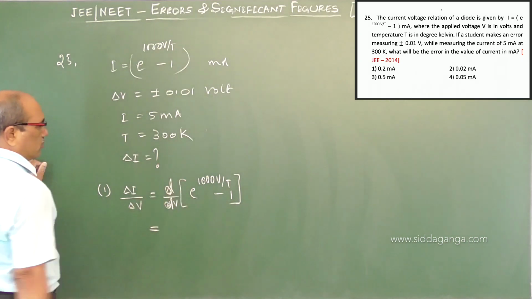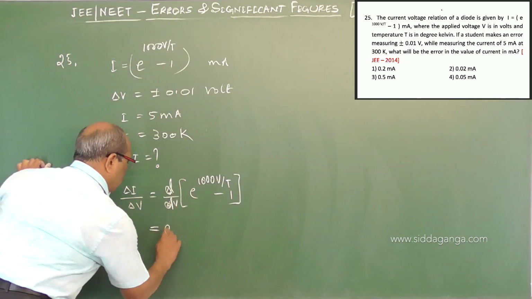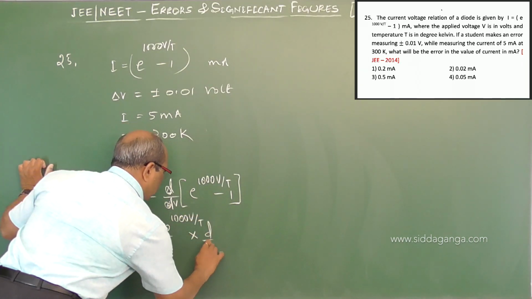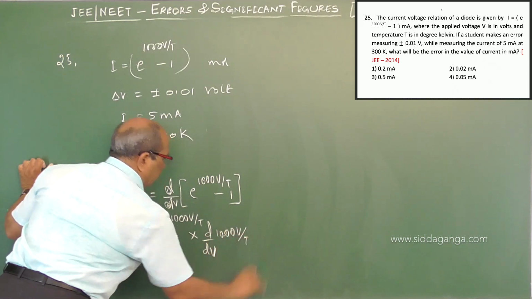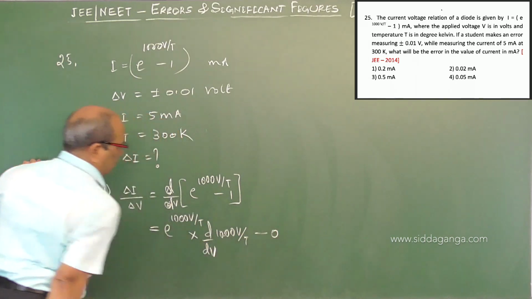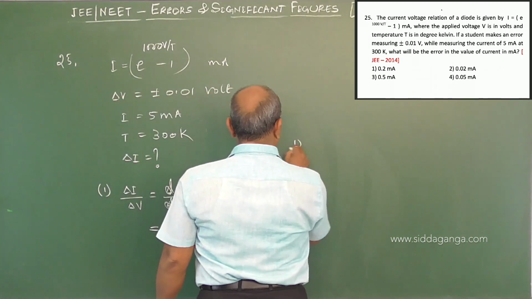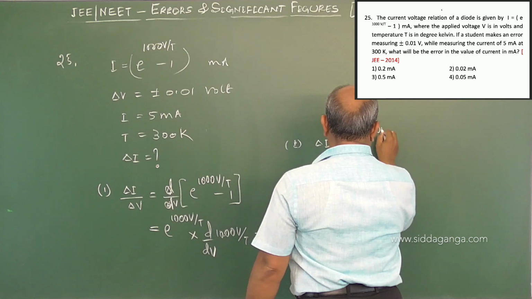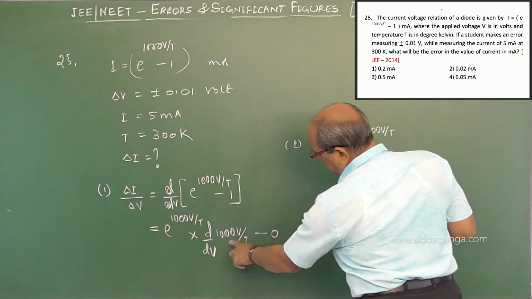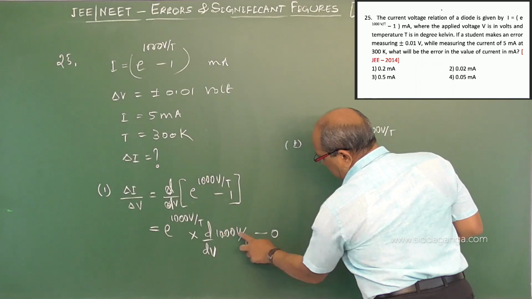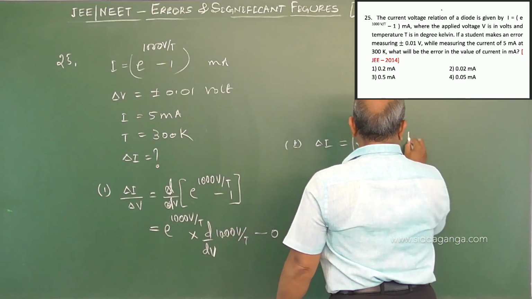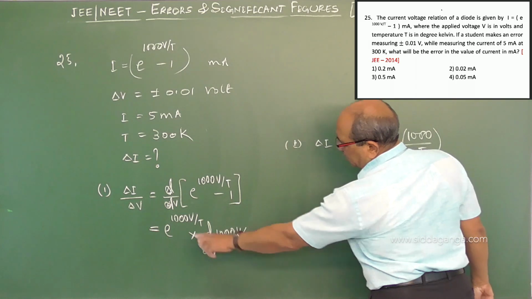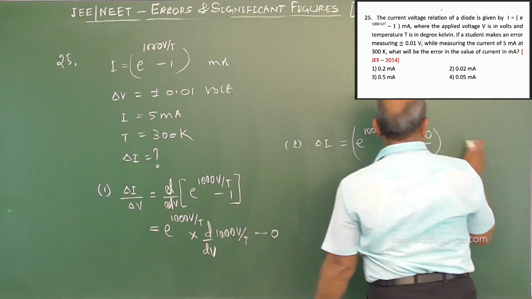So it comes as e to the power of 1000 V by T into the differentiation of 1000 V by T; the constant differentiates to 0. So delta I, the error committed, is e to the power of 1000 V by T into, if you take differentiation with V, V is 1, remains 1000 by T, into delta V.